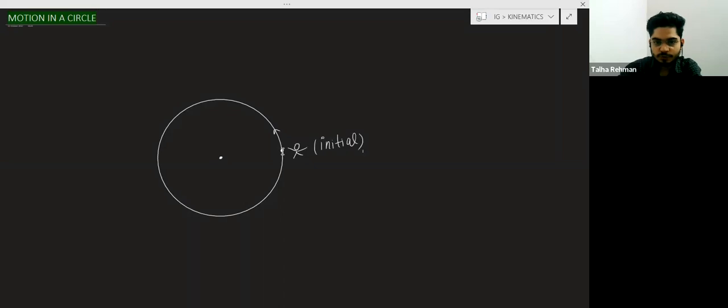Now this person is moving along the circular path. Suppose this is point A, the initial position. Now finally this person reached this point, suppose B. This is the final position.